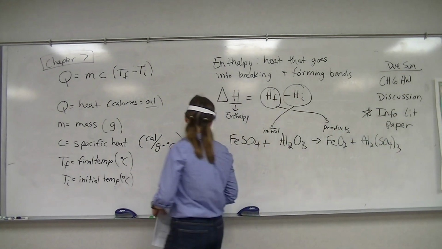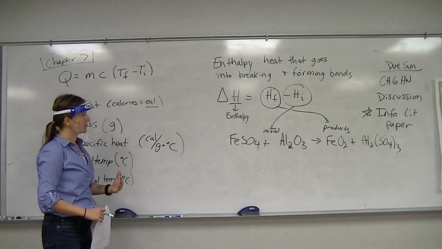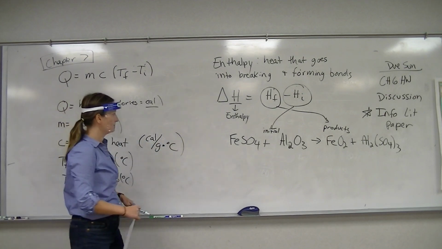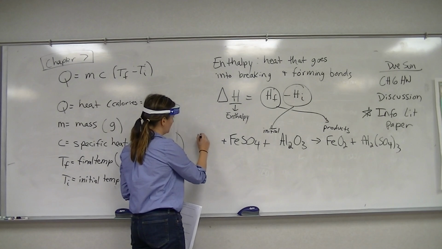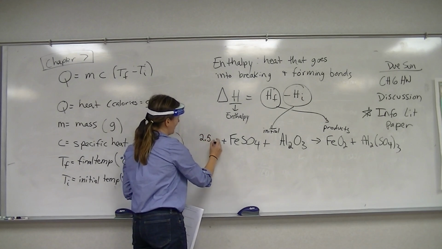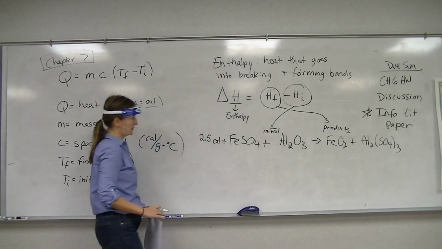Now, oftentimes, you'll see, given the reaction equation, that sometimes they'll have a number. So let's say 2.5, and it'll be calories.